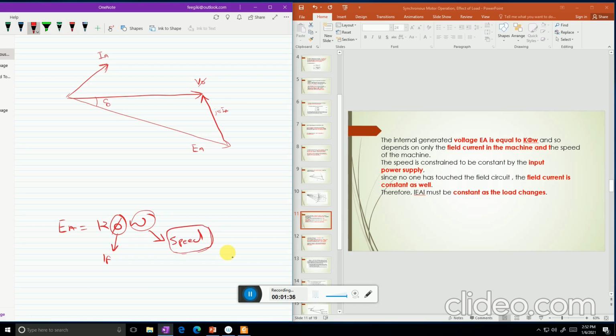We already studied that speed will remain constant, because the stator magnetic field moves with constant speed and the rotor is locked with the stator magnetic field. And IF is an external parameter and no one changes IF externally, so IF will remain constant. So at the end phi and omega will remain constant, so EA will remain constant.